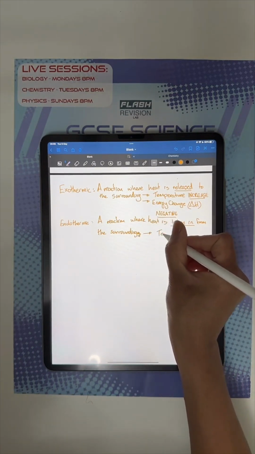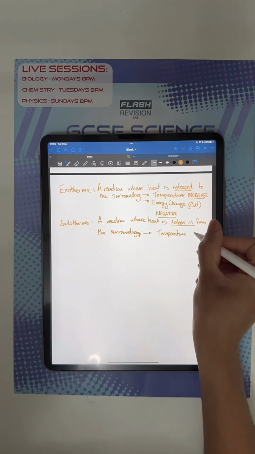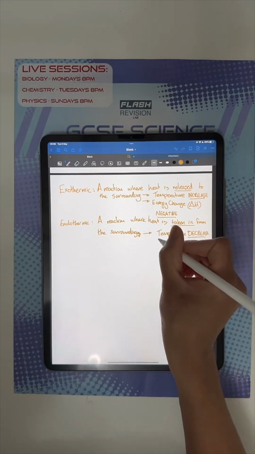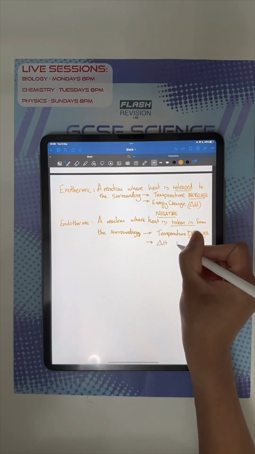And you know it is endothermic if the temperature decreases. And also, your delta H value is positive.